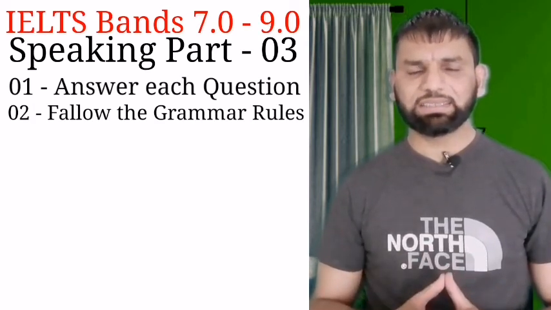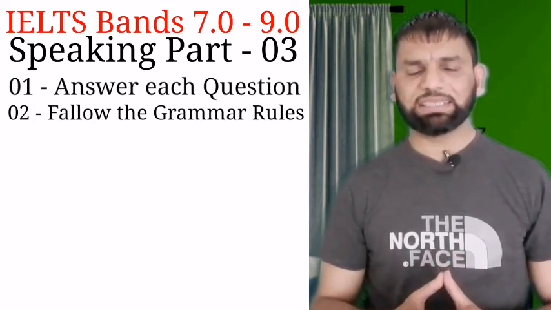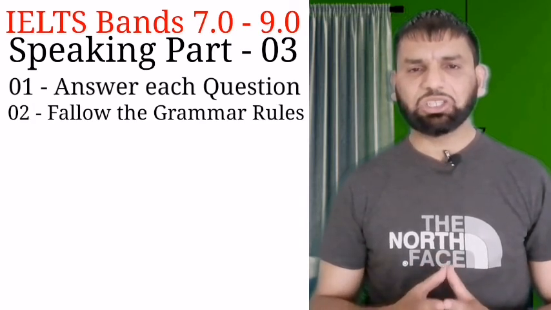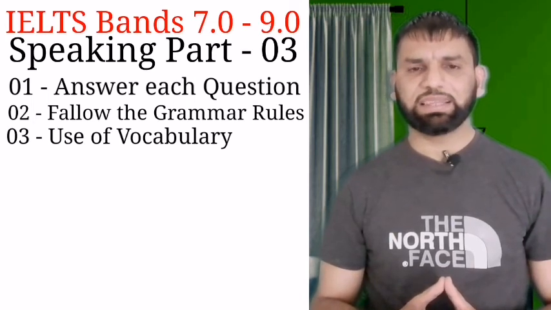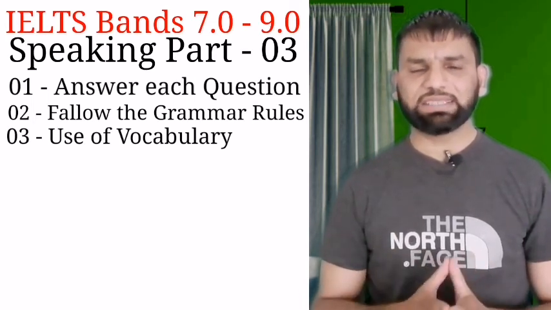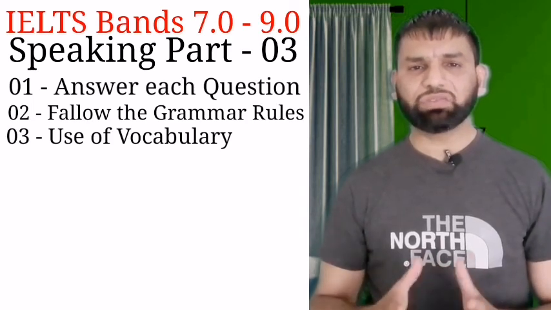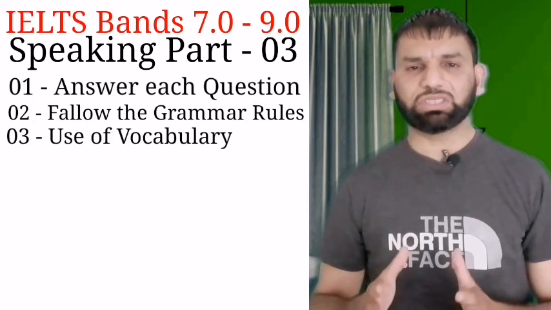And lastly, the students who take 7 to 9 bands in part 3 use a wide range of vocabulary. They know the idioms and phrases, and they know how to use different words in different sentences in different situations.